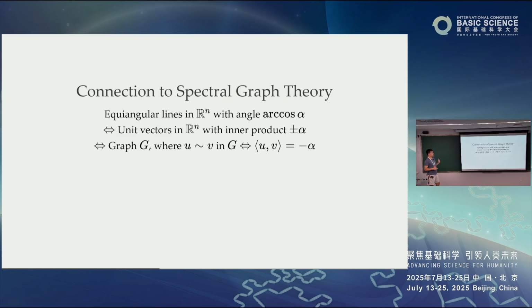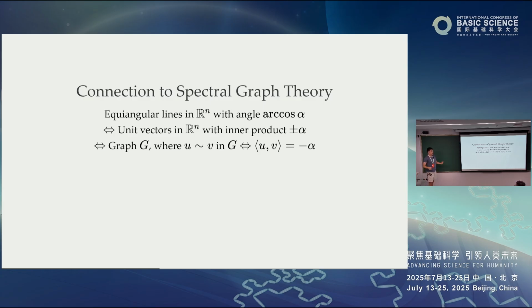And when you translate the angle restriction on the equiangular lines to the unit vectors, it corresponds to a restriction on the pairwise inner product. The pairwise inner product now has to be alpha or minus alpha. The reason you can get a minus alpha is that for one direction, you can also choose the opposite direction, which still represents the same line, and the inner product just flips the sign. So you get alpha or minus alpha.